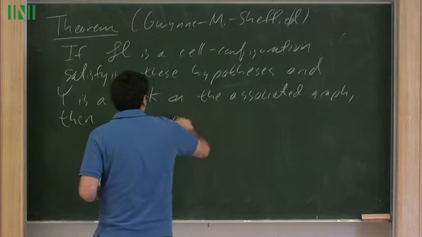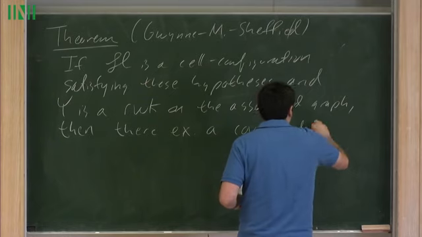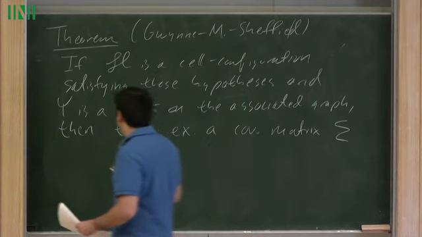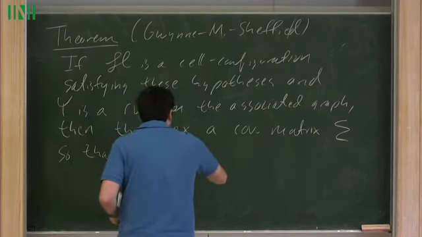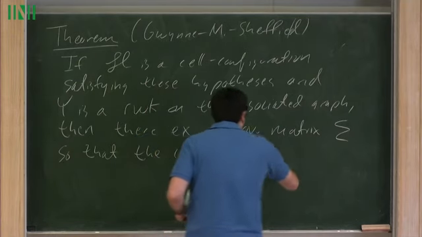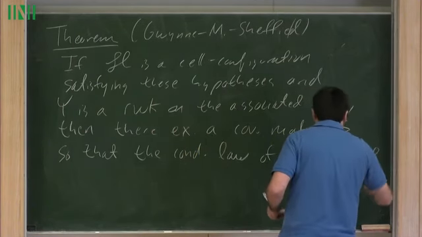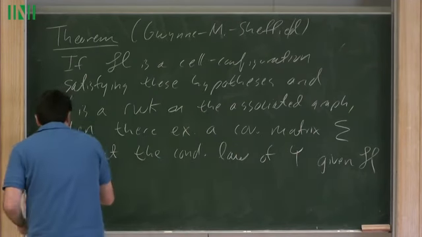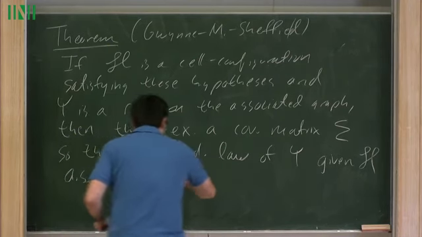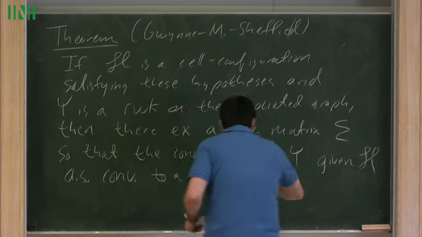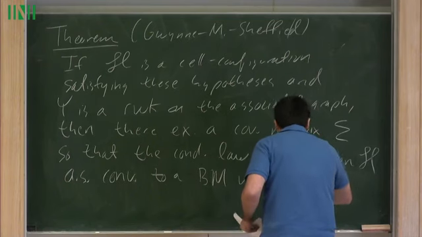There exists a covariance matrix sigma so that the conditional law of y given the environment, so given the cell configuration and the conductances, almost surely converges to a Brownian motion with diffusion matrix sigma.